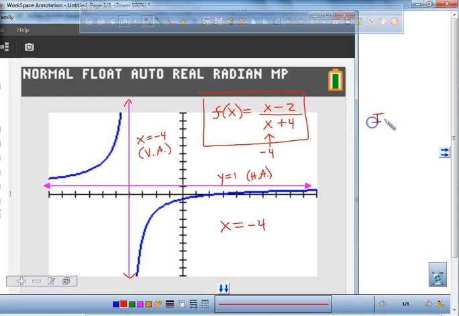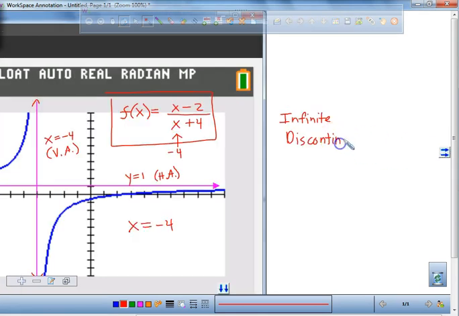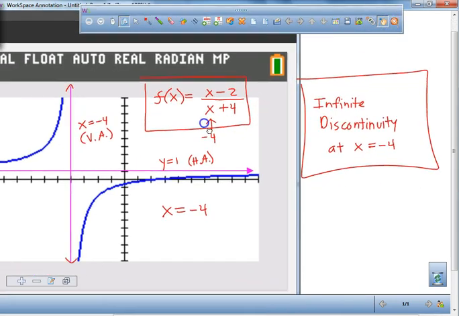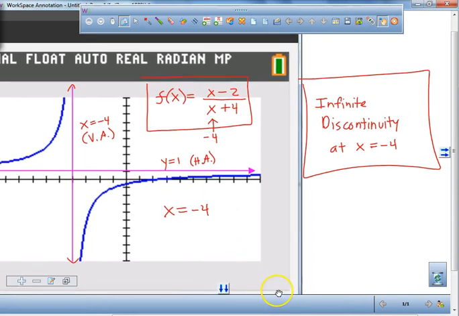So what you're going to write on your paper is you have infinite discontinuity at x equals a negative 4. And that's your final answer for that second problem.